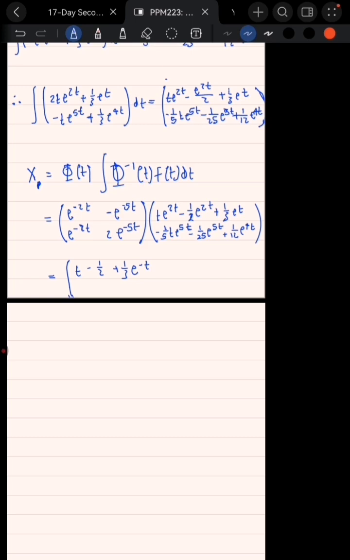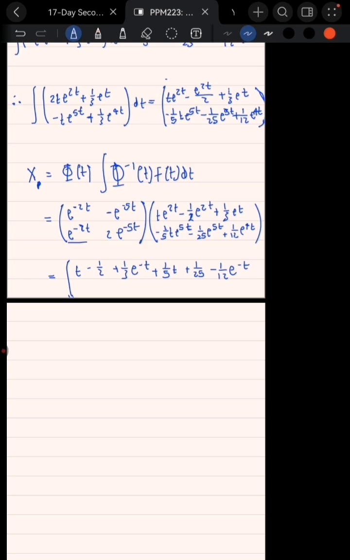And then when we take this and multiply by the second row, we get plus 1 over 5 t plus 1 over 25 minus 1 over 12 e to the power minus t.